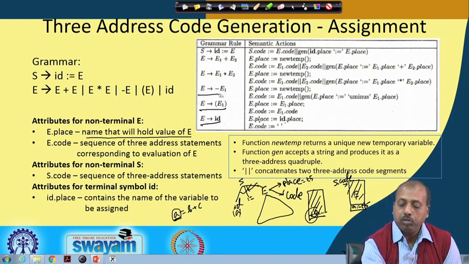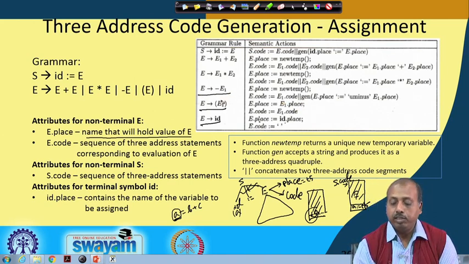Now, let us look into the rule, E producing unary minus E1.